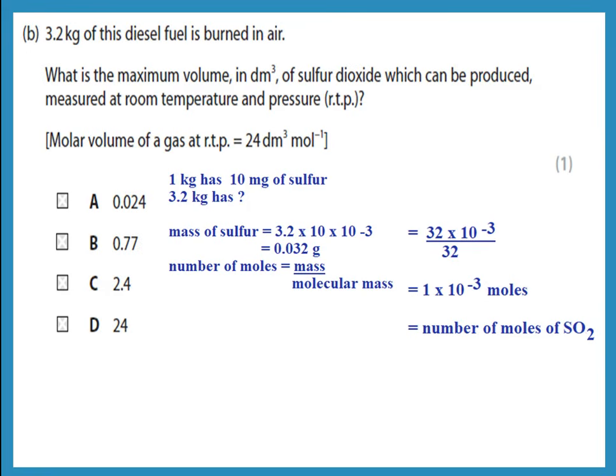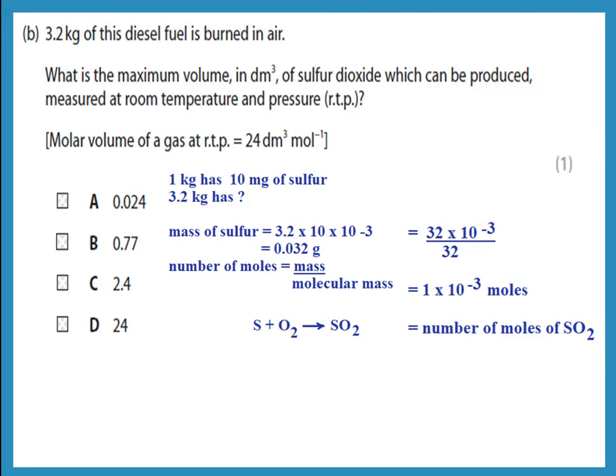So in order to get the volume of sulfur dioxide, I have to get the number of moles of sulfur first. Now, we said the mass of sulfur is 0.032 grams. The number of moles would be the mass over the molecular mass, 0.032 grams. That is the same as 32 times 10 to the minus 3. Now, that is divided by the molecular mass of sulfur. So that's 32 at the bottom. So that means that I have 1 times 10 to the minus 3 moles of sulfur.